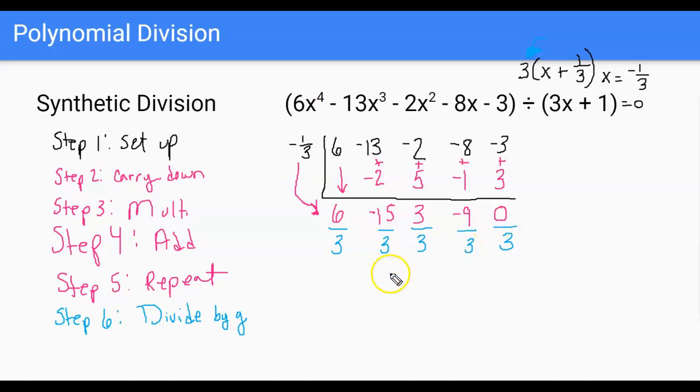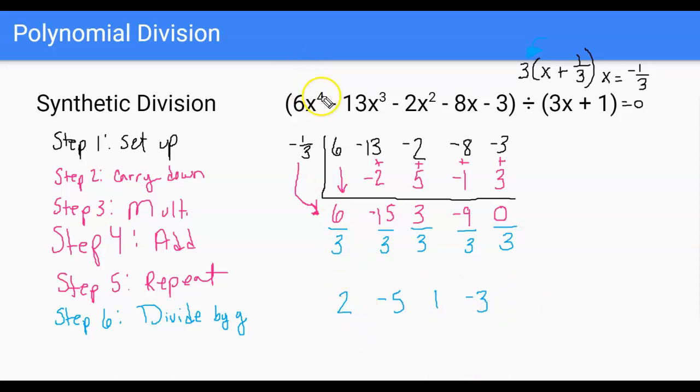That doesn't do much, but we have to divide everything by 3. So that means when I write my final answer, it's going to be 2, negative 5, 1, negative 3, and 0.